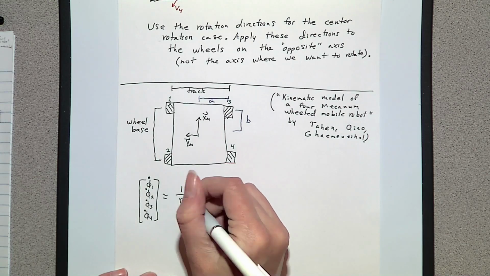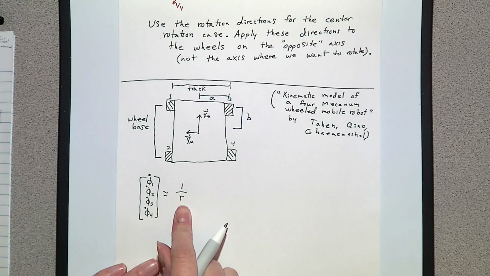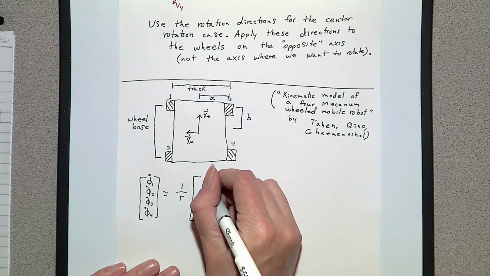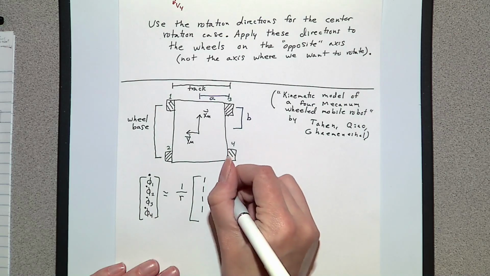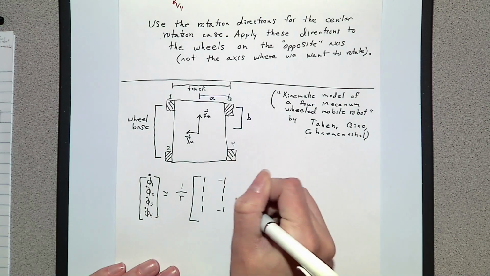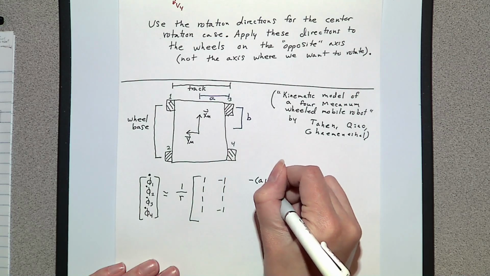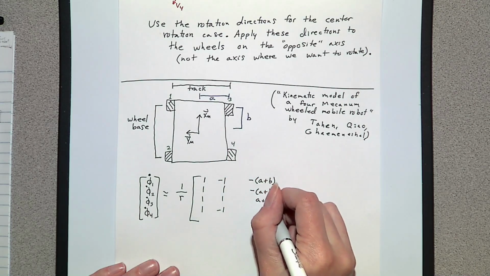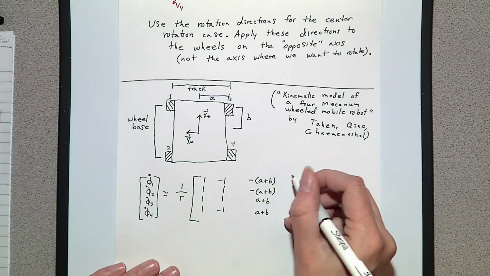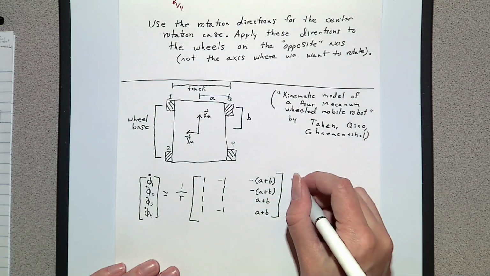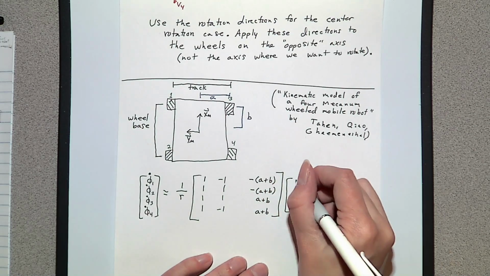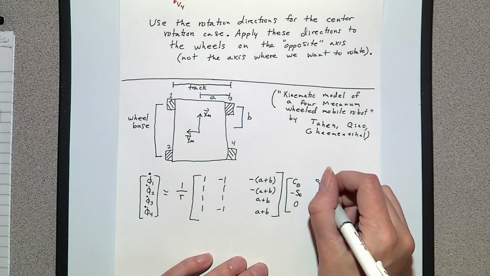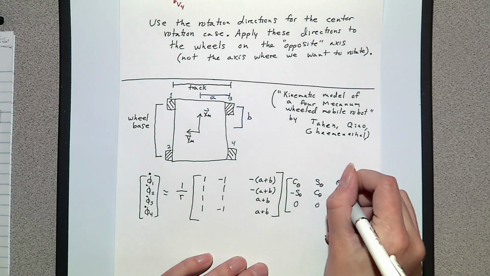And so R is the radius of the wheel. 1, 1, 1, minus 1, 1, 1, minus 1, minus (A plus B), A plus B, A plus B. And then we have our cosine theta, minus sine theta, 0; sine theta, cosine theta, 0; 0, 0, 1.